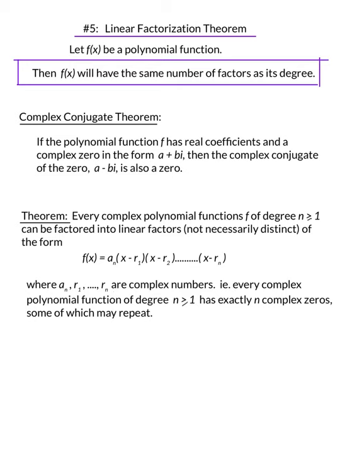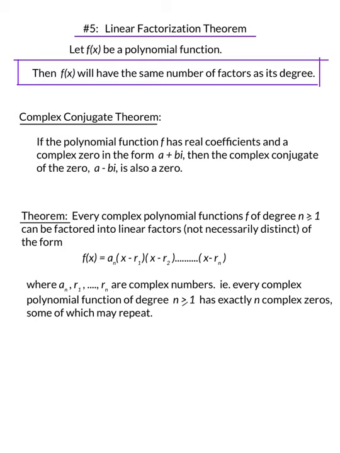So basically it means that every complex polynomial function of degree n that's greater than or equal to 1 has exactly n complex zeros, some of which may repeat. Now distinct means there is exactly only one. So if it says not necessarily distinct, that means that some of the factors can repeat. That's all it means.